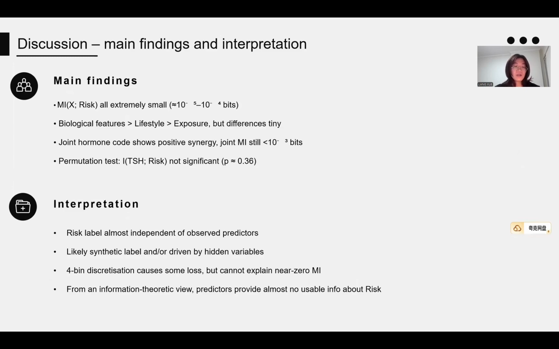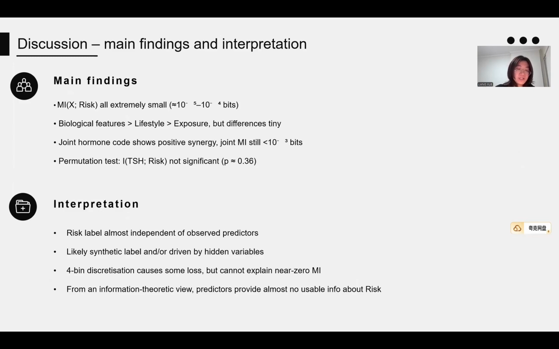Together with the non-significant permutation test, this suggests that in this teaching dataset, the thyroid cancer risk label is almost independent of the observed predictors. Maybe it is synthetic or driven by hidden variables, and discretization alone cannot explain the near-zero MI.